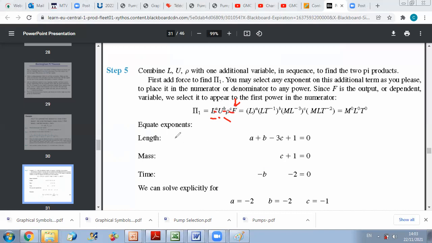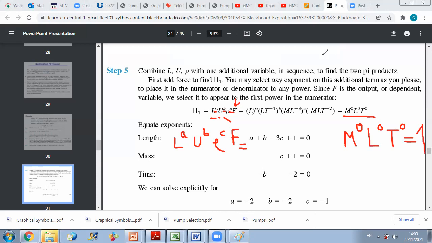We say we will put L to the power A, u to the power B, rho to the power C, times F, equals a number without dimension. Since we are working in the M L T system, the total coefficient for M has to come out zero, for L zero, and for T zero. This means that it's equal to 1, meaning no dimension.